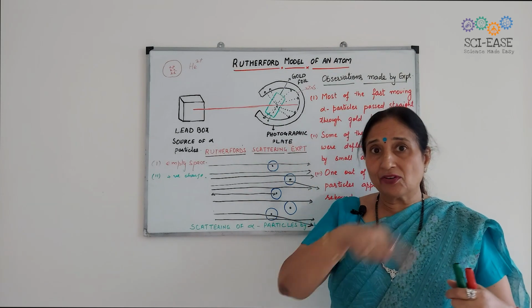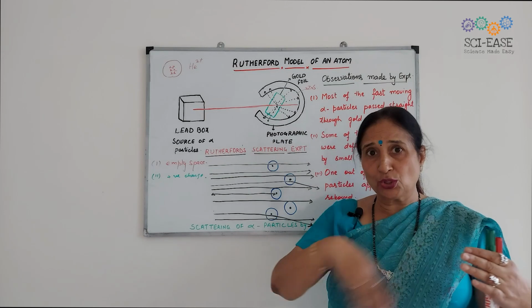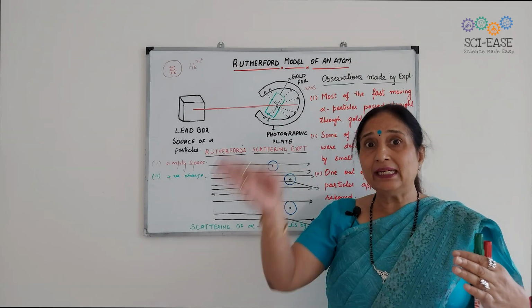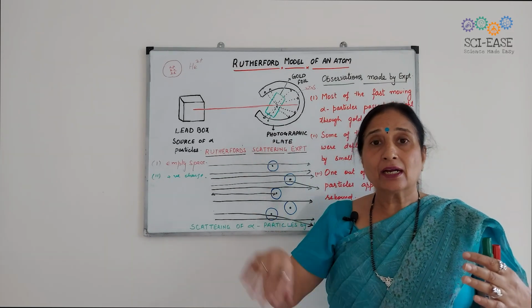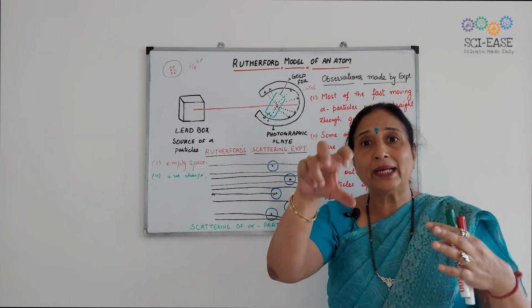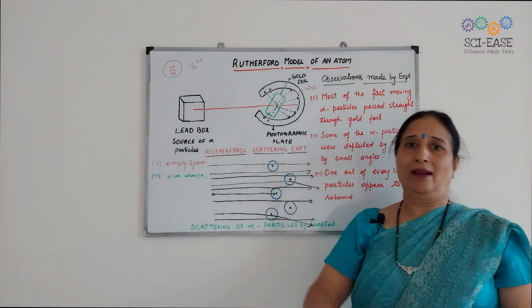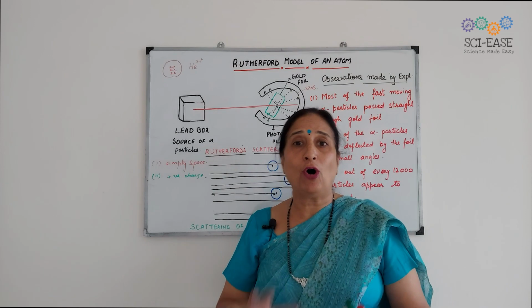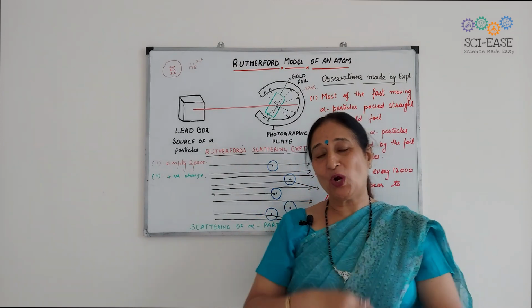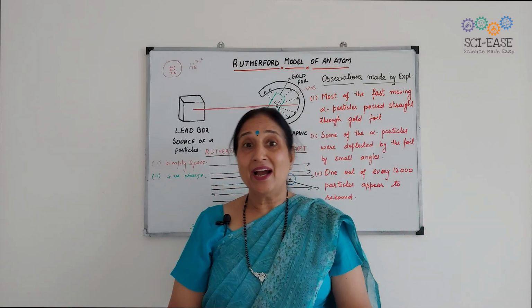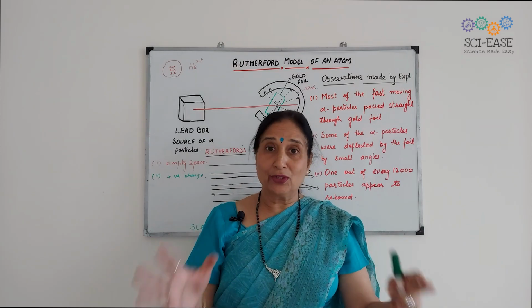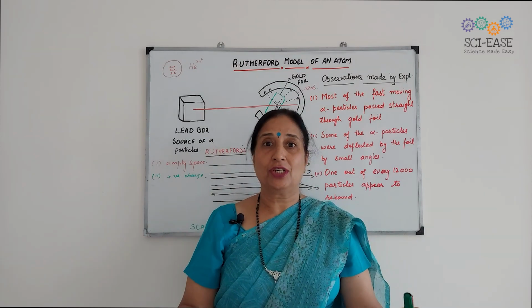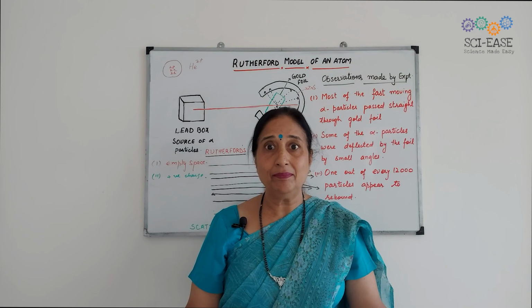But when they start moving with acceleration and gradually their energy keeps decreasing, then the electrons will fall. Electrons will fall. But this is not true. Okay? So, Rutherford gave so much about the structure of the atom.